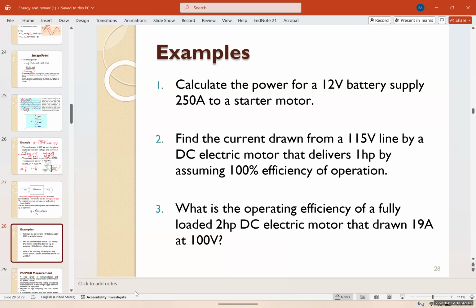Some examples. We want to calculate the power for a 12-volt battery supply at 250 amps to start a motor. What is that going to be? We want to measure it in horsepower, by the way.